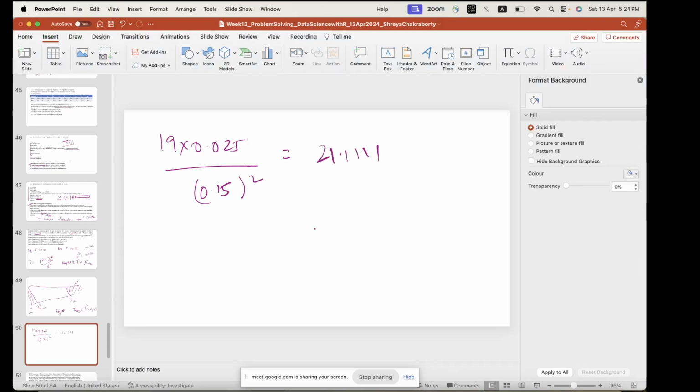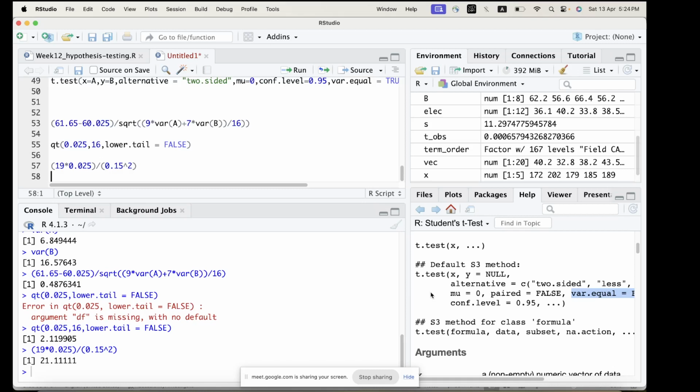21.1111. And the critical value is which one? Chi-square 1 minus alpha, n minus 1. So it will be chi-square 0.95 with n minus 1 degrees of freedom. How will I find that?